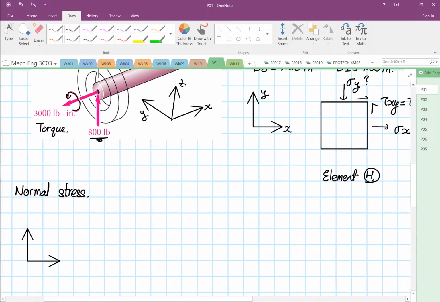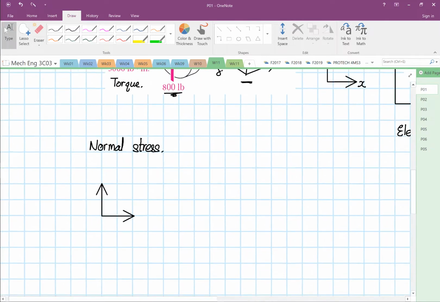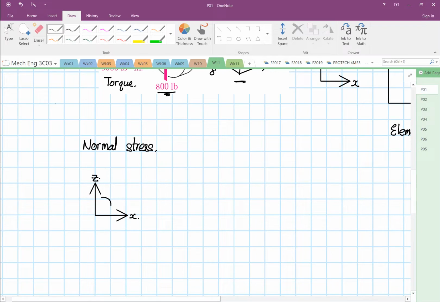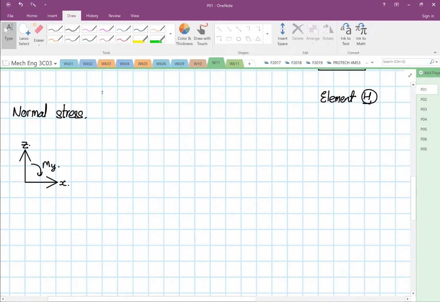Relative to this transformation over here, we're going to view X in this orientation and Z in this orientation, and over here, this is your moment in your Y direction. Okay, so we're going to look at the moments to find the normal stresses. Right, so we draw our shaft.